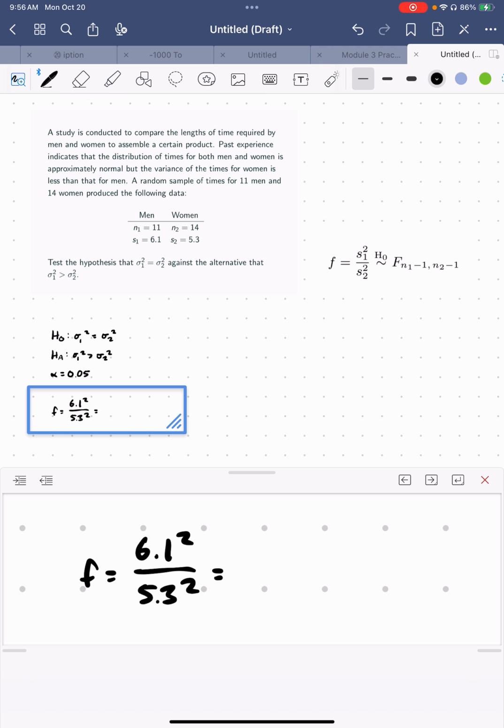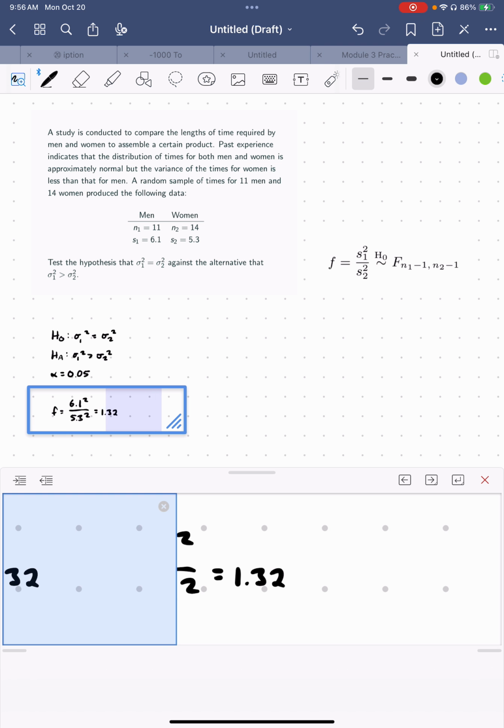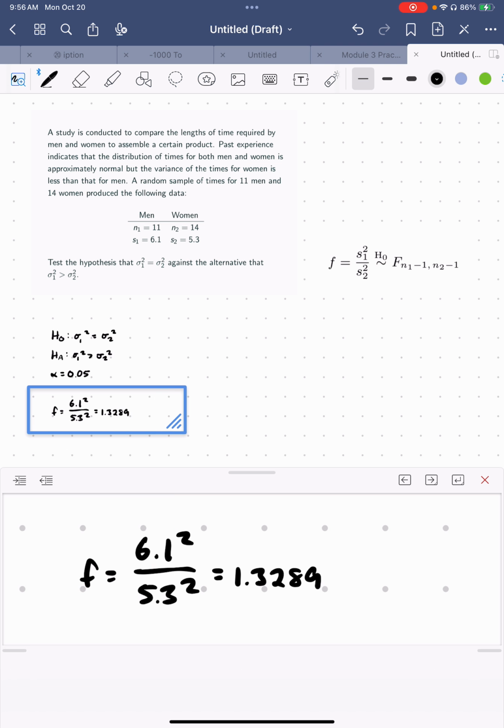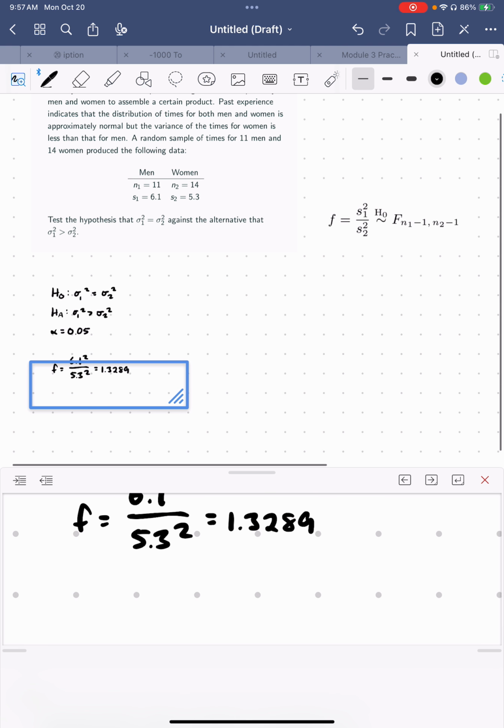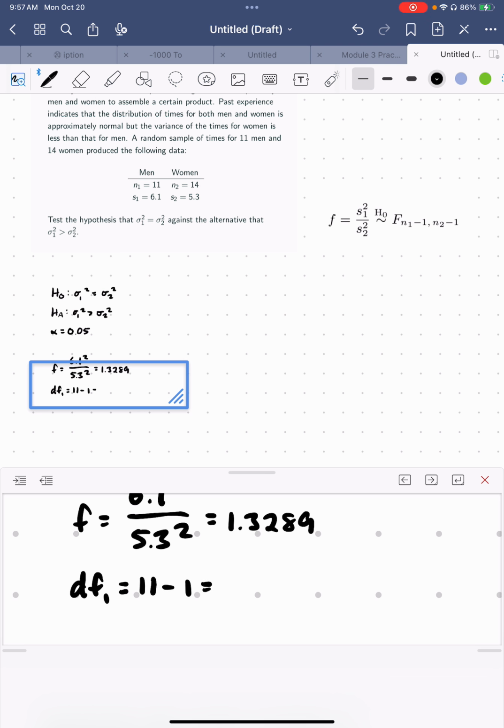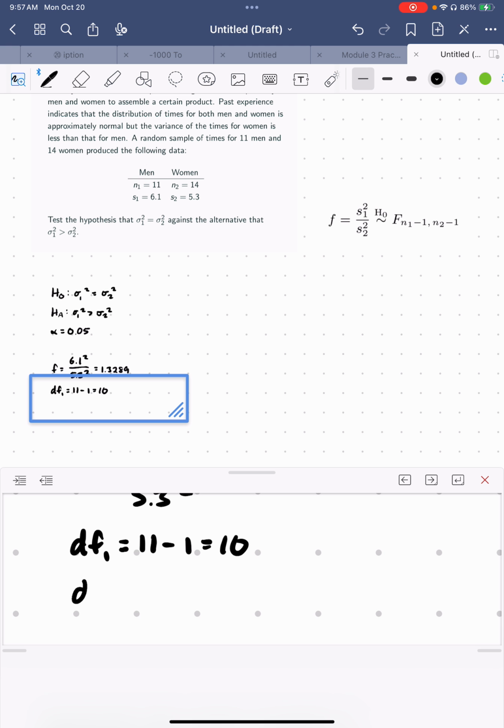And our result should be 1.3289. And then our degrees of freedom for men is equal to our sample size of men minus 1, so 11 minus 1 is 10. And our degrees of freedom for women is 14 minus 1, which is 13.